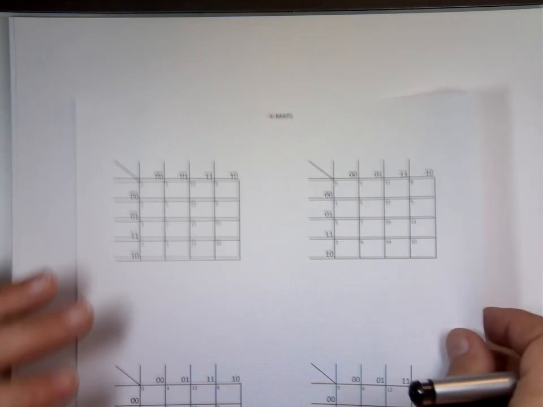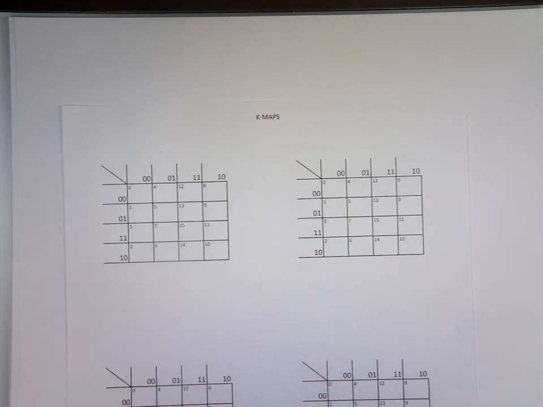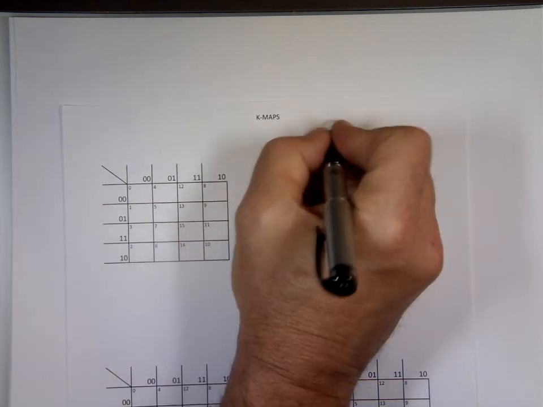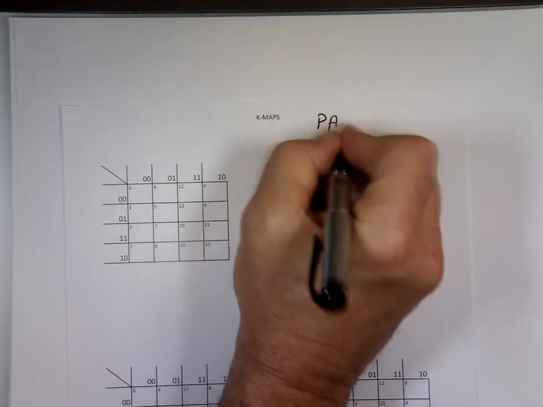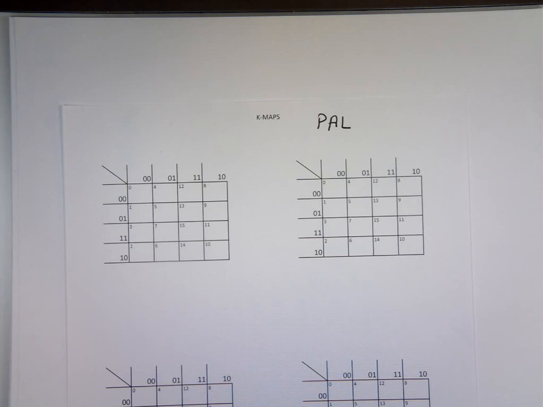Let's assume I did the K-map. I got 3 functions, still PAL. Let me just put some ones here.